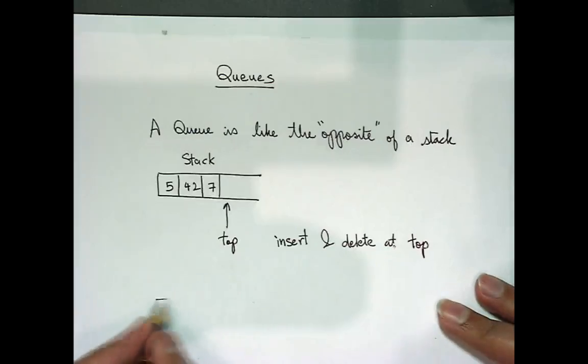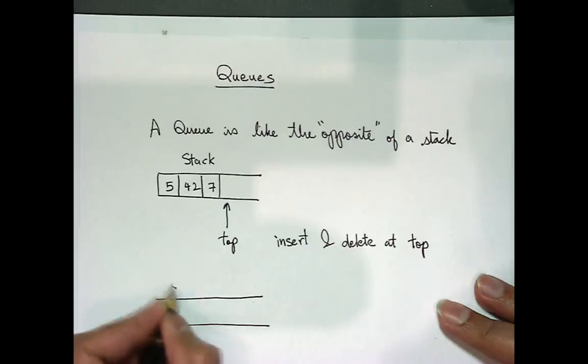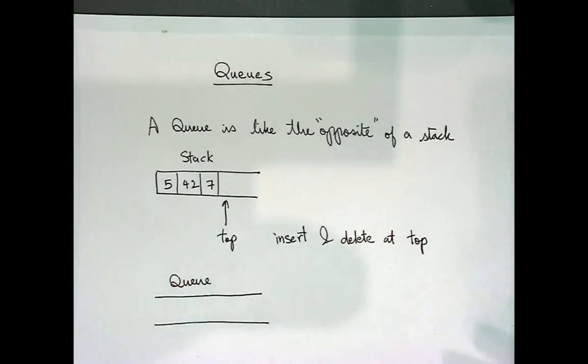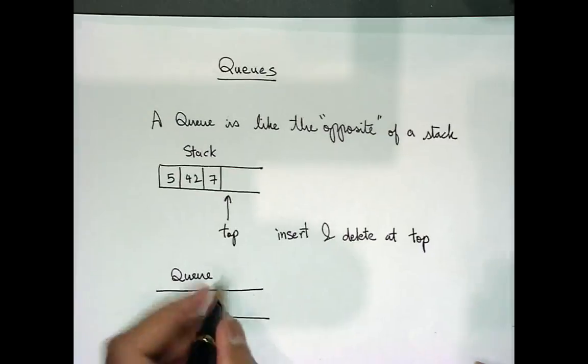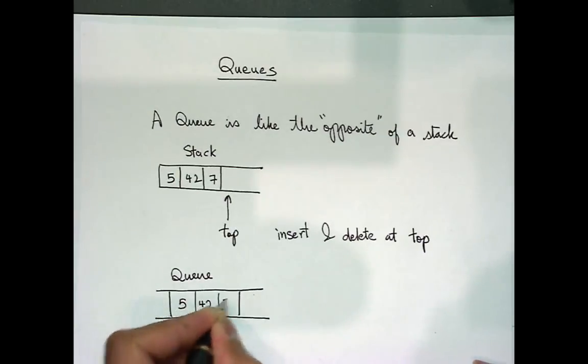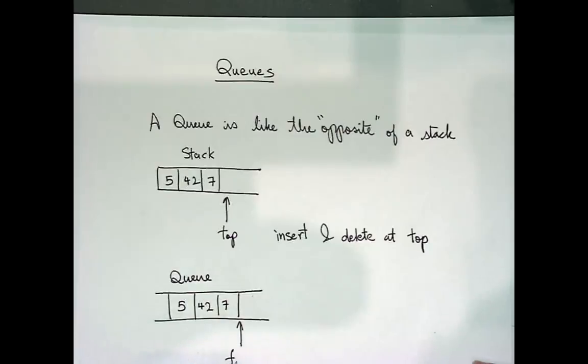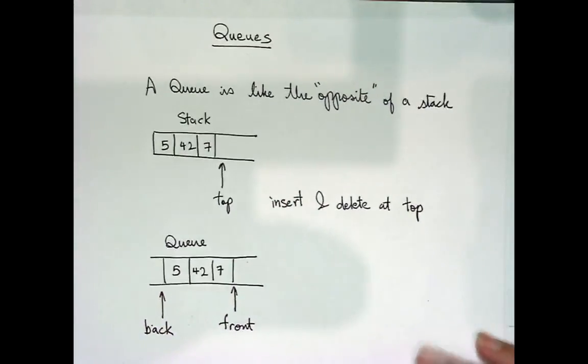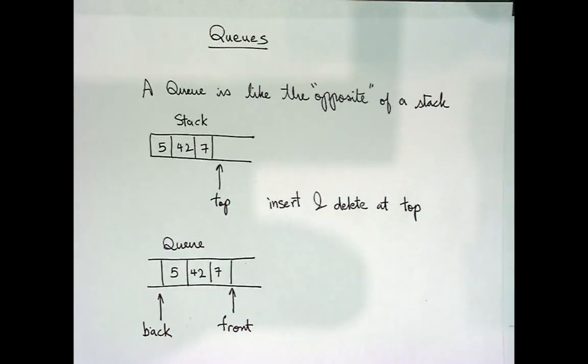A queue is like what a real queue should be, where you insert at the back and you delete from the front. Let's say this is your queue, and say this is the front, and this is the back. I should have written it the other way around, but anyway.